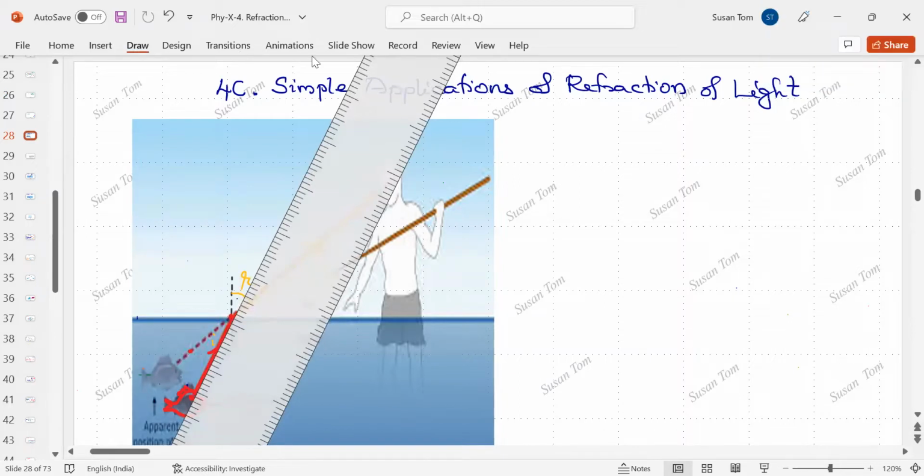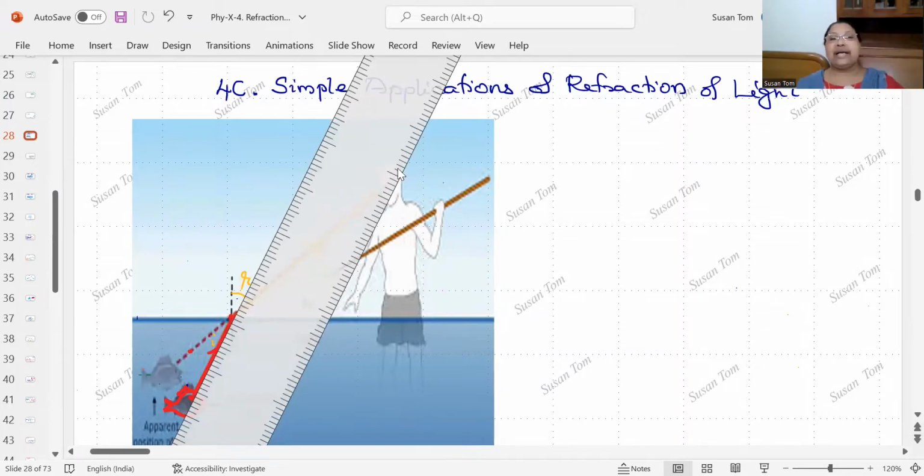As we know, the person's upper part of the body is in air and the fish is in water. Water is a denser medium. From a denser medium, when the light enters into a rarer medium, what happens? The path of the ray will be bending away from the normal.